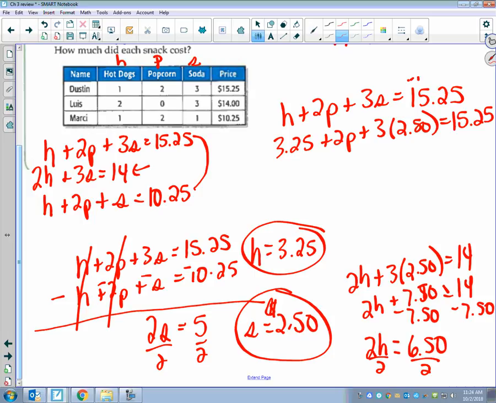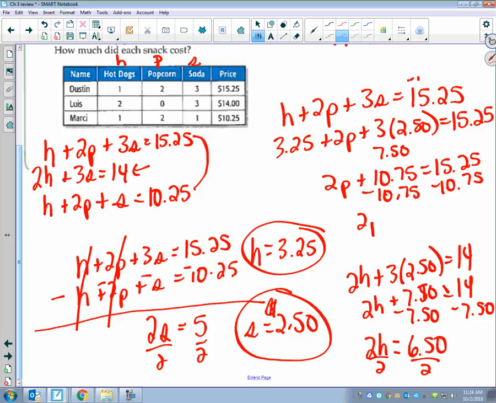So you could totally do this on your calculator, but 250 times 3 we already said was 750, right? So 750 and 325 would be 1075. So I'm going to subtract 1075 from both sides. 450.